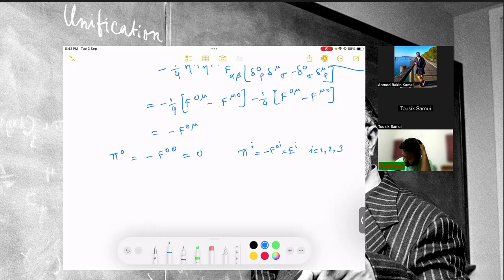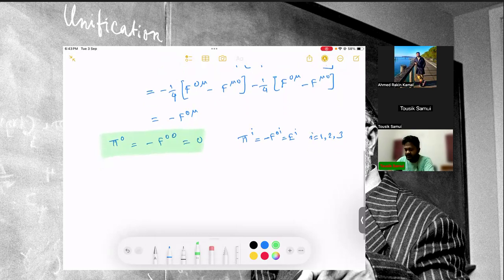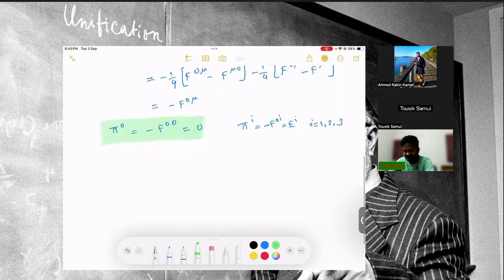Okay, so now this creates a problem. Why? Because we cannot consistently define any commutation relations for pi naught, because pi naught is exactly 0. This we have already encountered, if you remember, in our last lecture.